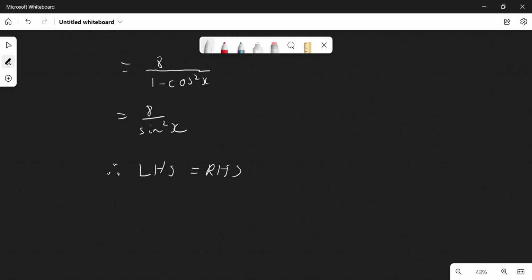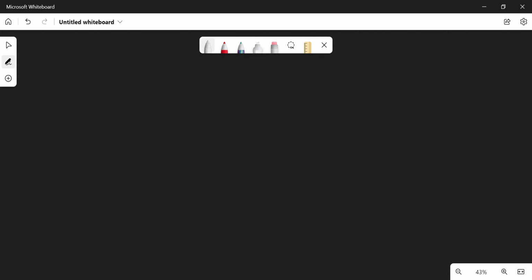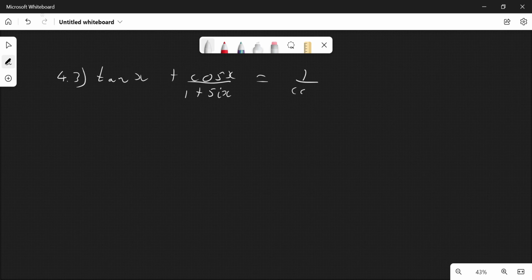Okay, moving on to 4.3. 4.3 was a very simple one for me. I didn't really struggle with it, or I didn't have to go through a lot of branches with it. So we have tan x plus cos x divided by 1 plus sine x is equal to 1 over cos x.